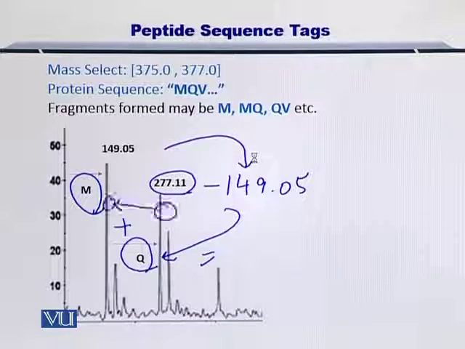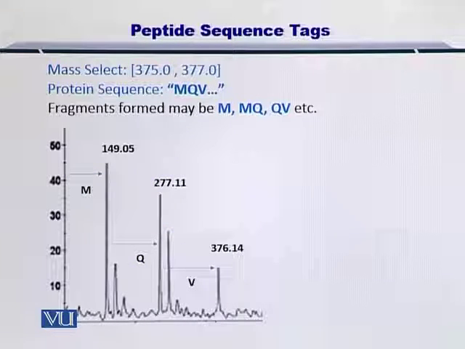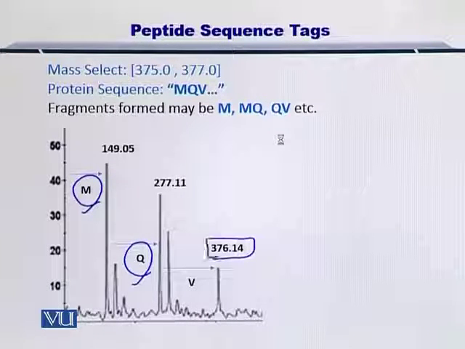So in this way, you can subtract the previous peak from the next peak, and if the difference between these two peaks is equal to that of some amino acid, then you can confidently say that this is a specific amino acid. Next, there is this third peak. Up till now, you know that there was a methionine, there was a Q, and now you have another peak at 376.14.